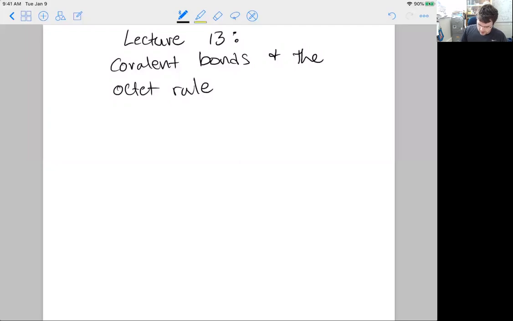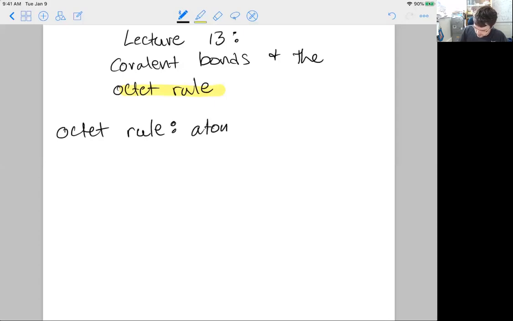To understand covalent bonds, what we really want to start with is an important concept called the Octet Rule. In the Octet Rule, what we notice is that elements will gain, lose, or share electrons to get the same electron configuration as that of a noble element.